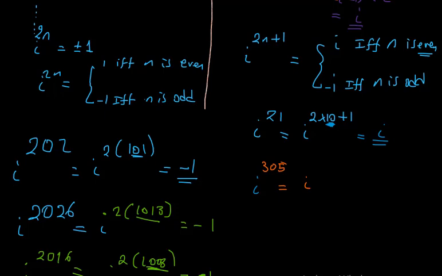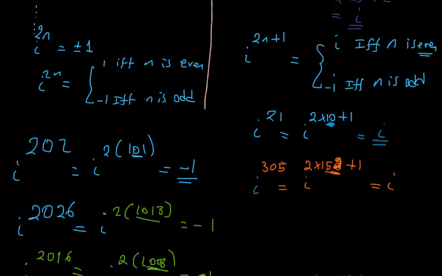Let's express this. 305 is the same as 2 times 152 plus 1. This is 304 plus 1. As you can see here, 152 is even. So the answer will definitely go to, again, i.